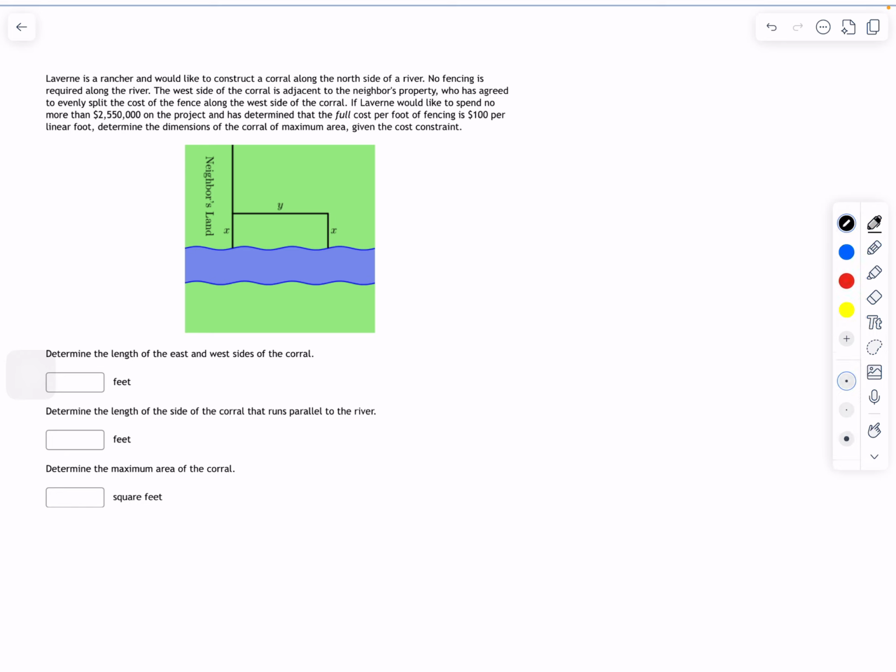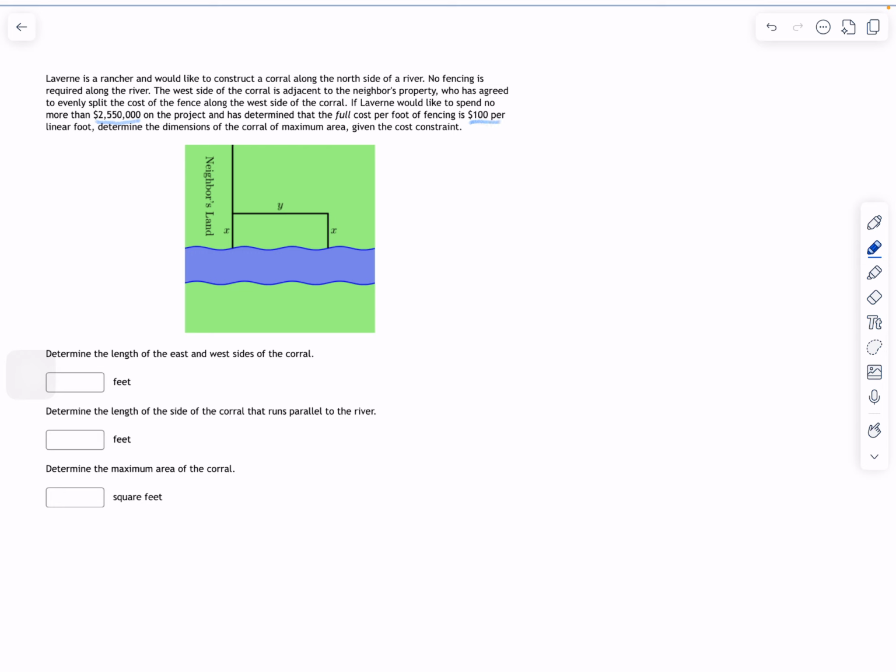Okay, so we're given a cost of the corral already, and this is how much we want to spend, 2,550,000, and each linear foot is $100.